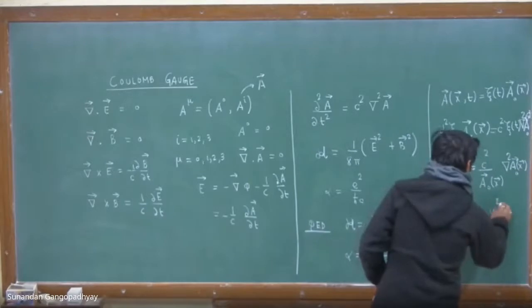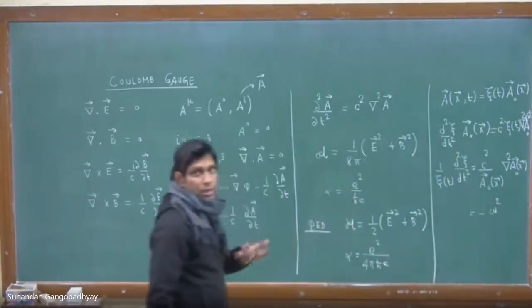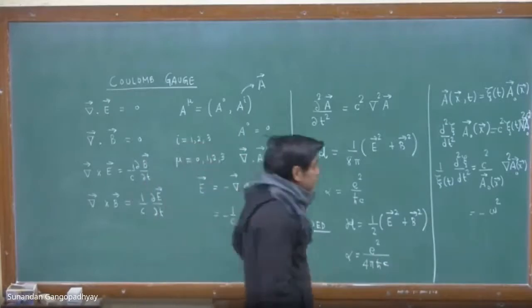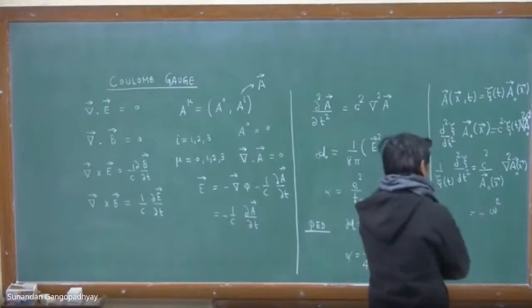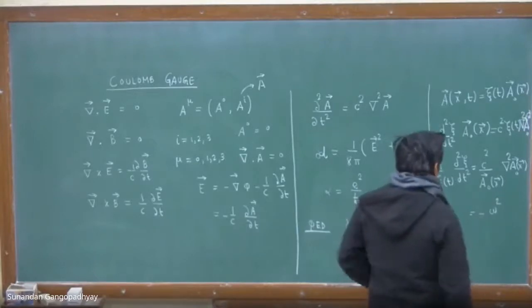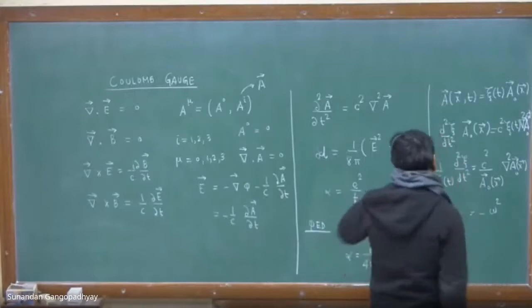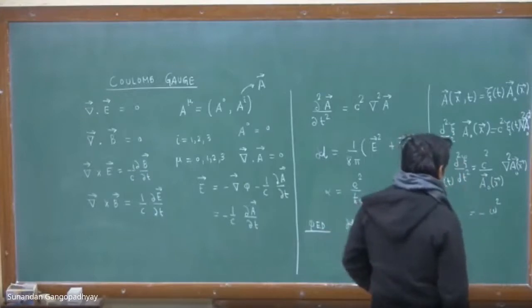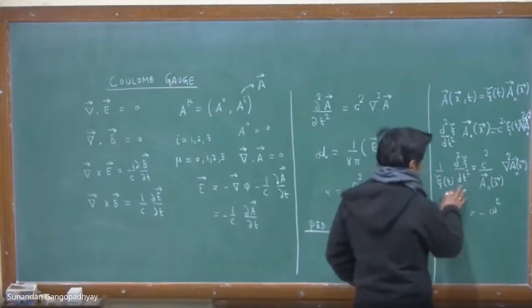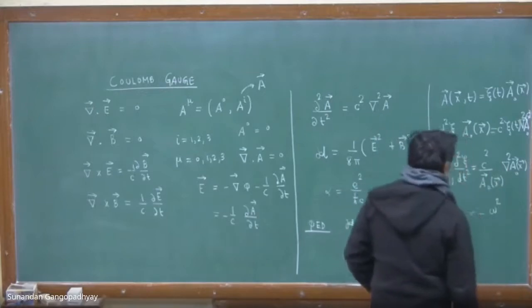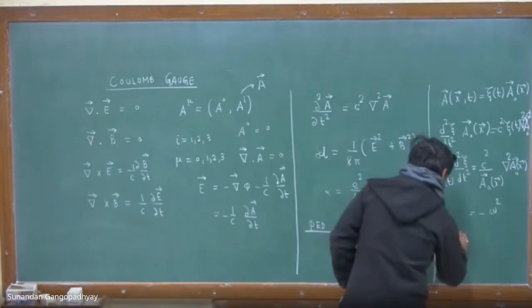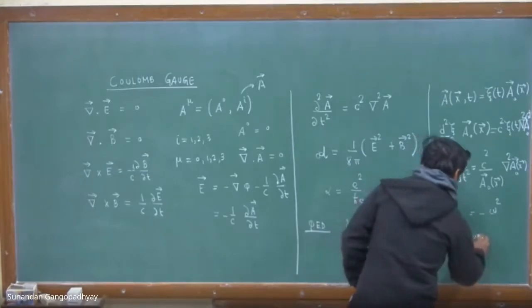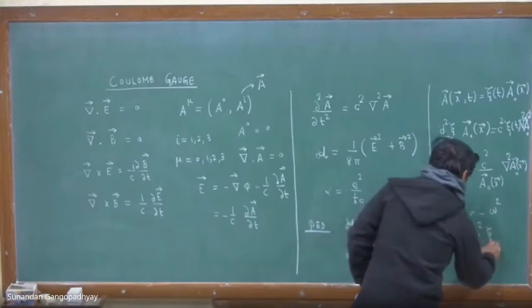So you will have something like this, and then what you can do is take this to be minus ω², because we want to look at oscillatory solutions. We don't want to look at decaying solutions. So you take this to be equal to minus ω², a constant. The way you do in partial differential equations, this must be some constant which is independent of time t and also independent of x. So if you take this, then what we shall get is d²ψ/dt² plus ω²ψ equal to 0.